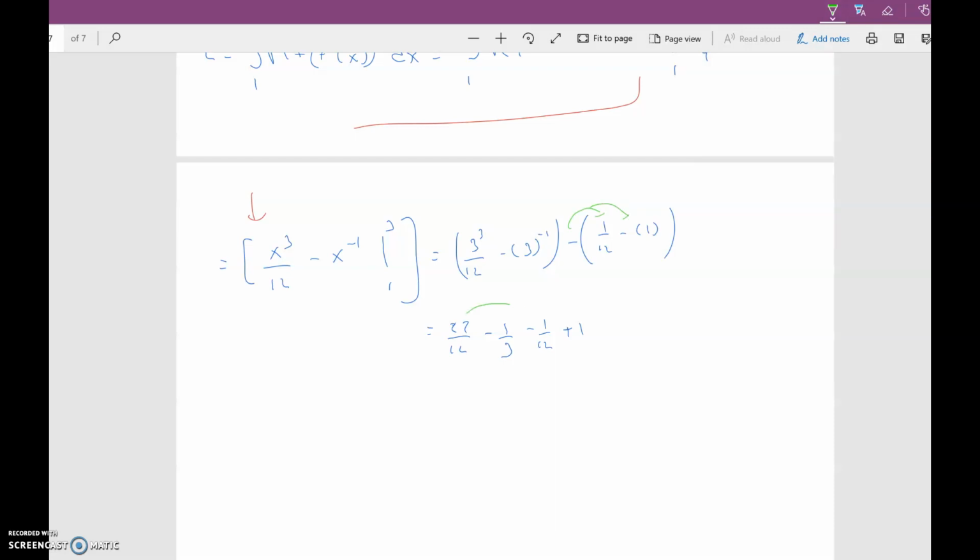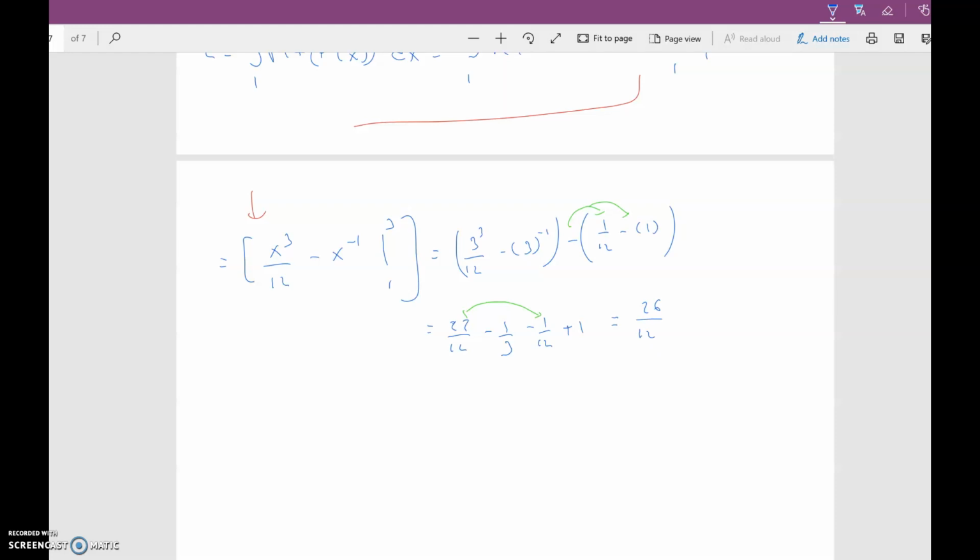Okay, so let me combine the like terms. So we're looking at 26 over 12 minus 1/3 plus 1. Actually, this one reduces because it's 26.